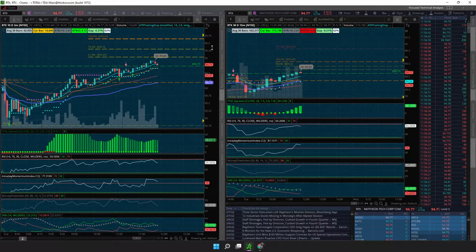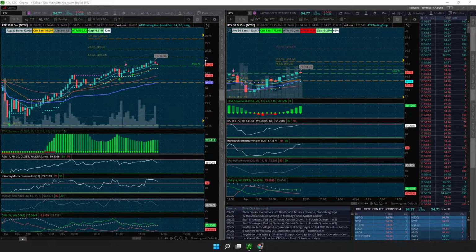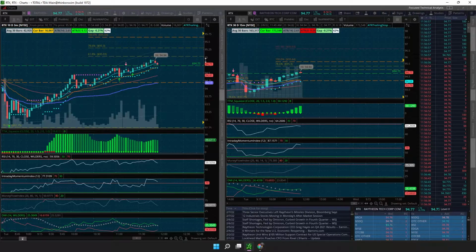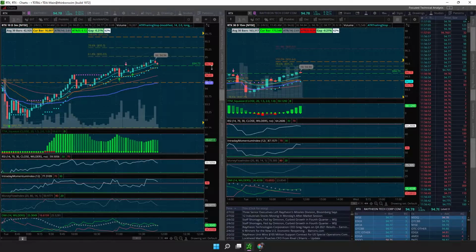If you had drawn your Fibonacci today at 10:45, you would have had your 1.61 almost hit to the penny at 94.96. Then it got rejected. Okay, all right, that's making sense.